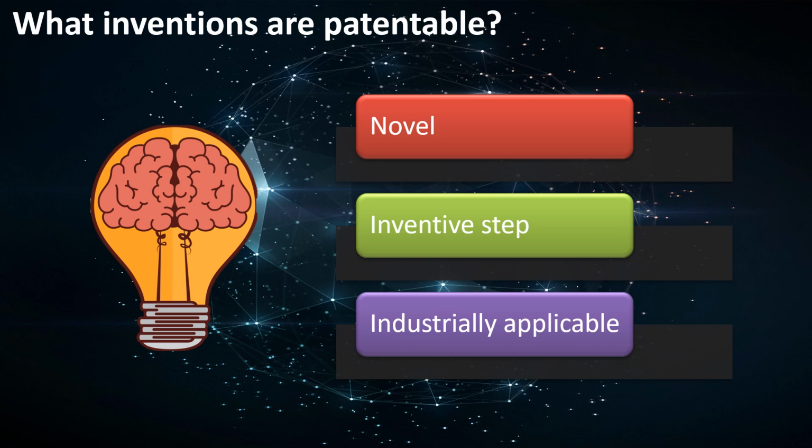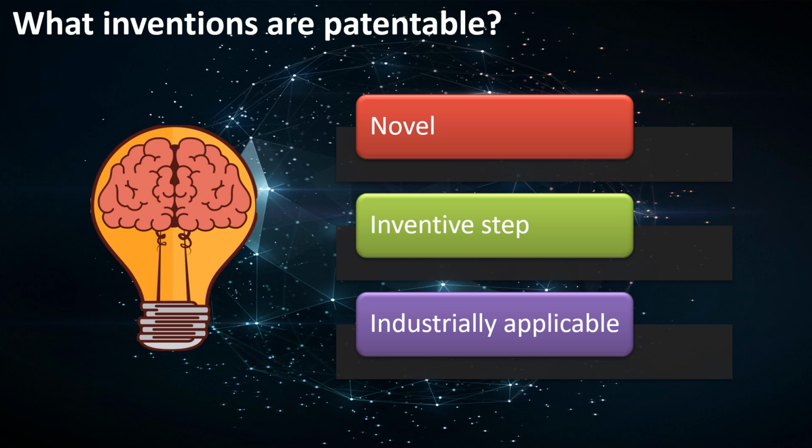So now let's discuss what kind of inventions are patentable. As per the patent law, and I'm talking specifically about the Indian patent law, but this law is the same for almost all countries, there are three requirements for an invention to be considered patentable.